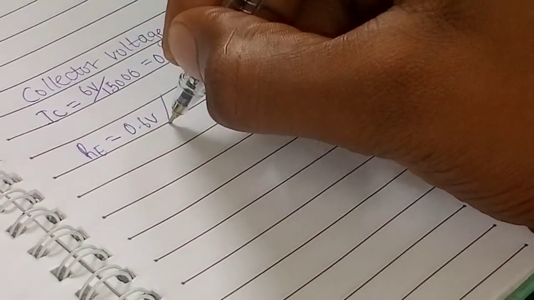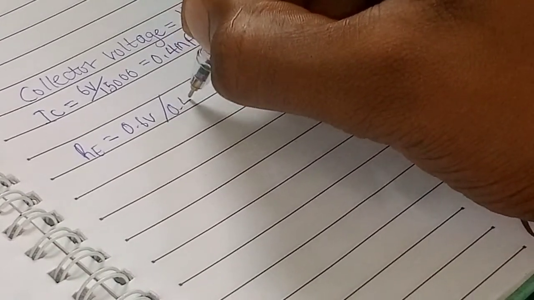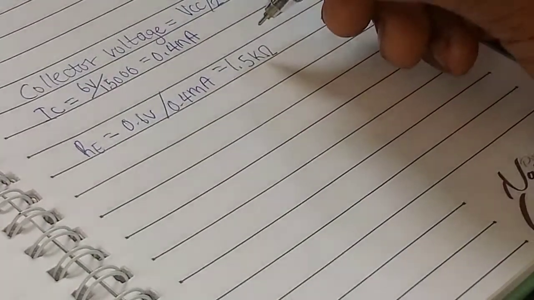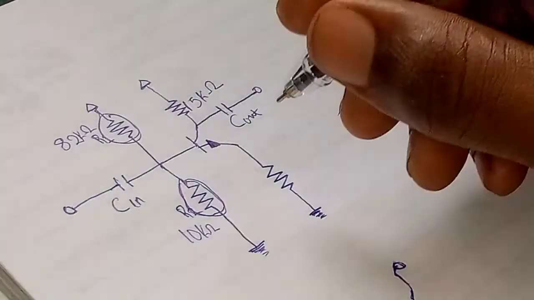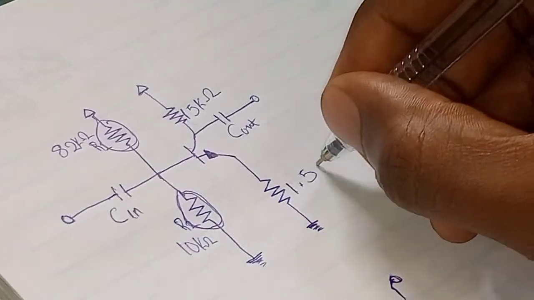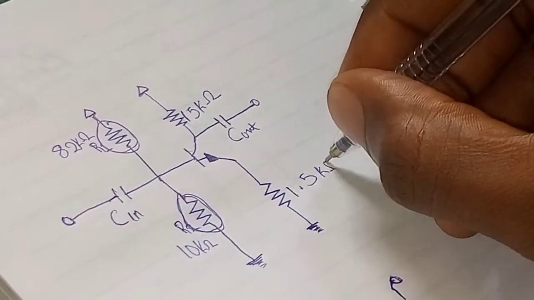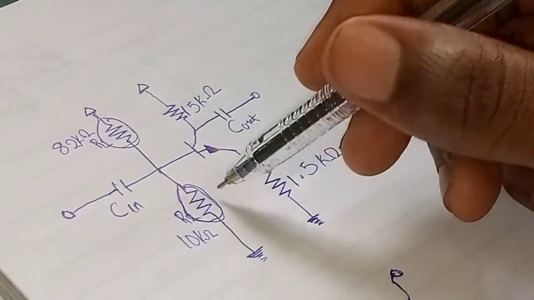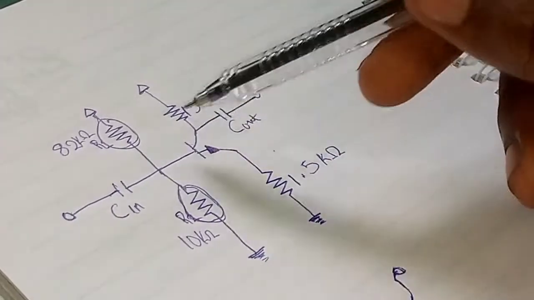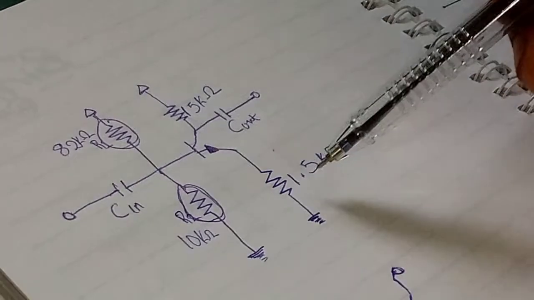Now our emitter resistor will be RE equals 0.6 volts over 0.4 mA, which gives us 1.5 kilo ohms. Note that thermal energy causes electrons to vibrate, and in the forward biased emitter junction at a temperature of 25 degrees C, this creates a voltage of around 26 millivolts. This voltage sits on top of the emitter voltage inside the junction, so we can't measure it directly.